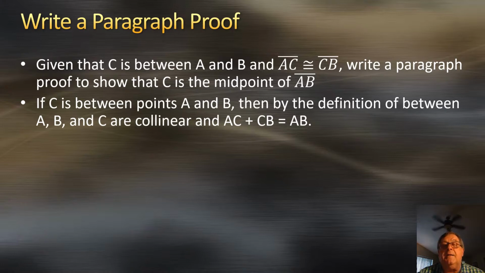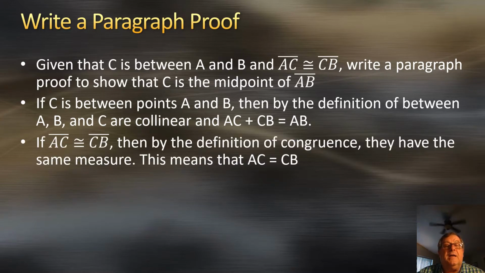And then here's a reason: by the definition of betweenness, A, B, and C are collinear, and AC plus CB equals AB. So in other words, if C is between A and B, then AC plus CB is going to equal AB.